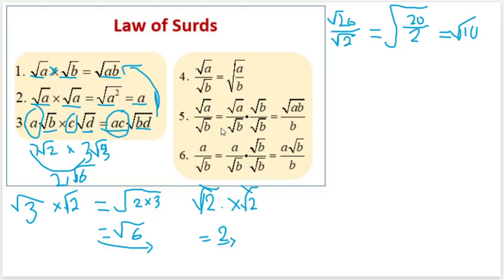Okay. Now, once we do that, the fifth one tells us what happens when a root is being divided by a root. Now all we do, we take the denominator root b, and then multiply the numerator and the denominator by it, because remember, when we multiply root b over root b, it gives us an answer of 1.